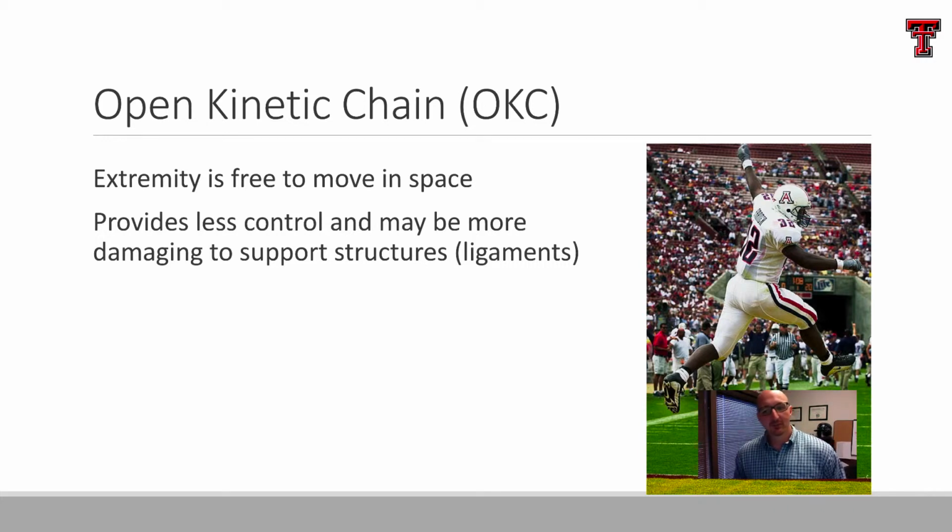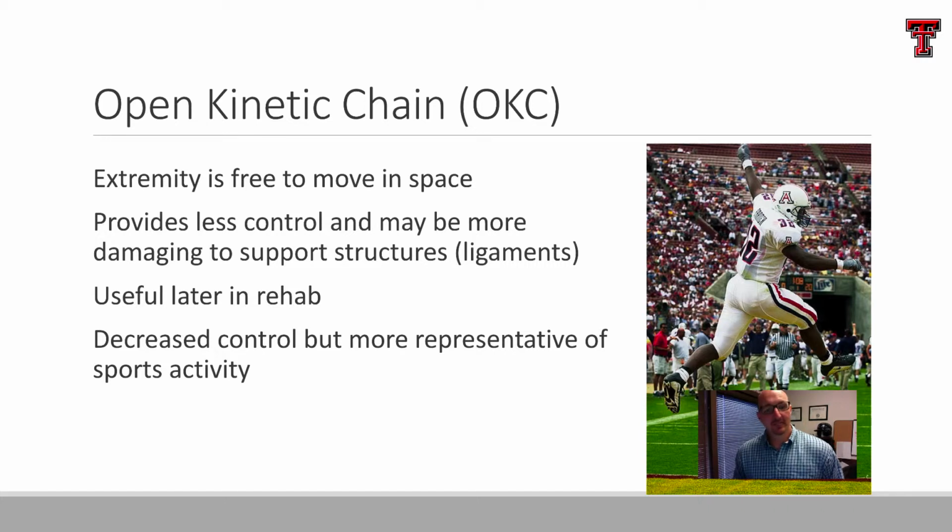But we don't want to completely avoid these exercises, because later in rehab it's going to be important that we load that joint in all the ways that it could potentially be loaded. So it is useful. It may involve some decrease in overall control, but it does represent more of what we do in sports. So something like a box jump or a depth jump might be an example.